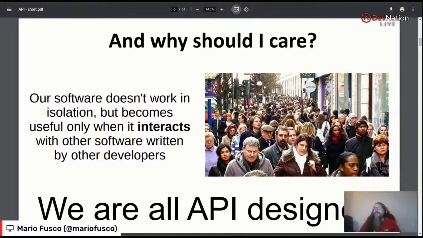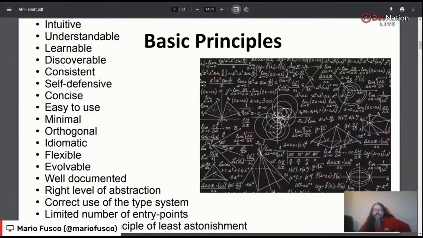But sometimes we are on the opposite side of the desk, and we are the ones called to provide a service, to implement an API to be used by others.